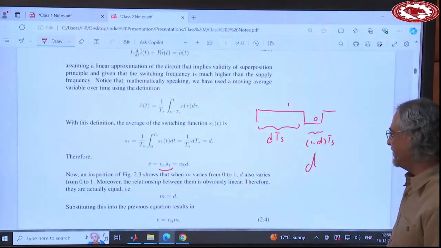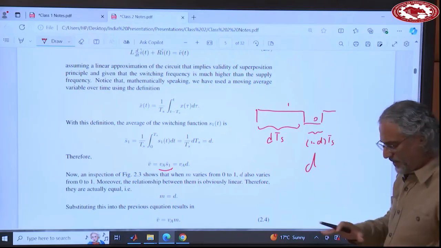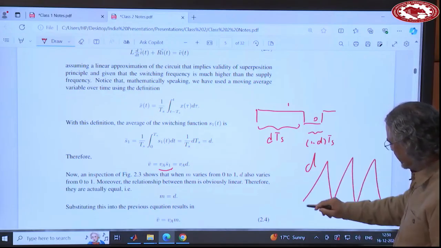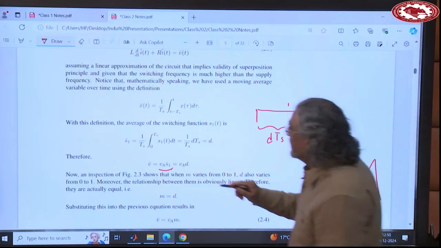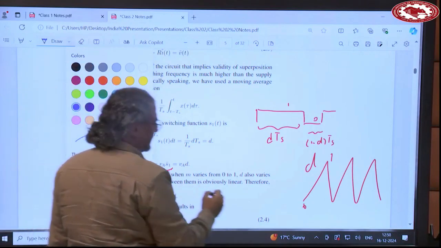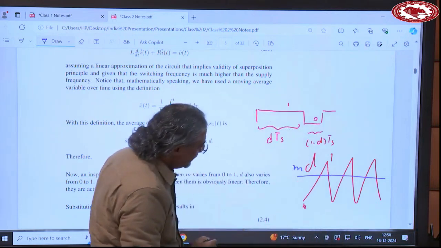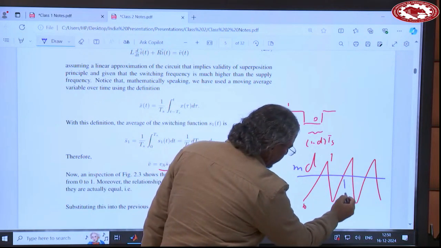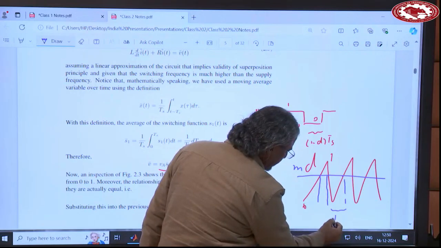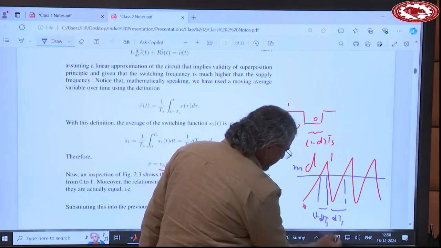Okay, duty cycle. Now, another interesting thing is that if you look at the PWM that we discussed, let's say from 0 to 1, and then your modulation signal, let's say here, M. And we said this is D. This is DTS, and this is 1 minus DTS.